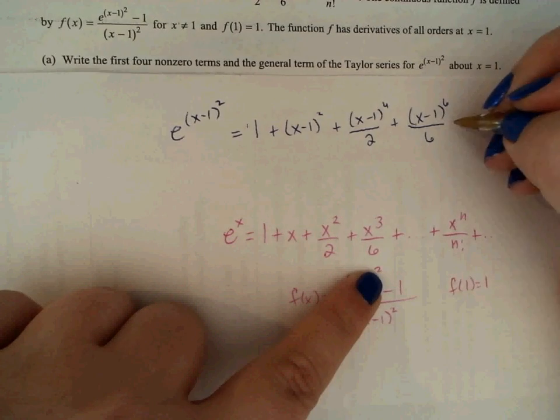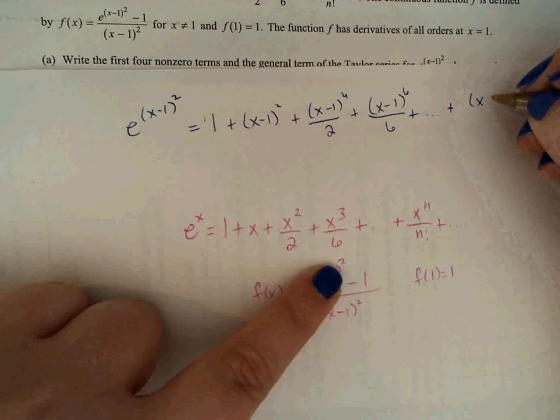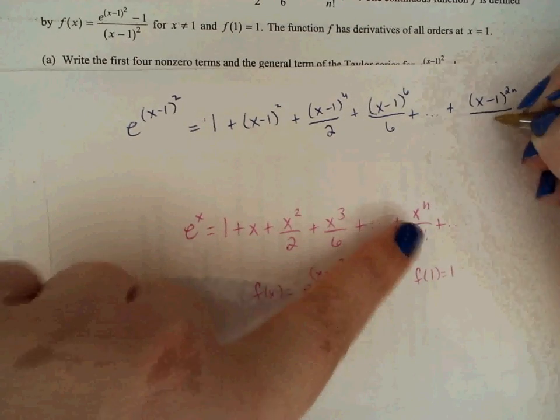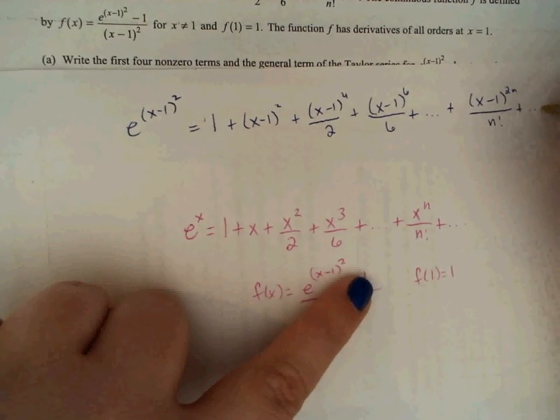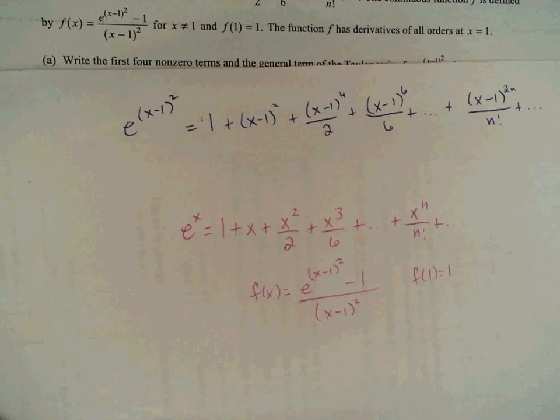And then plus dot dot dot plus x minus 1 squared to the nth power, so the 2nth over n factorial plus.